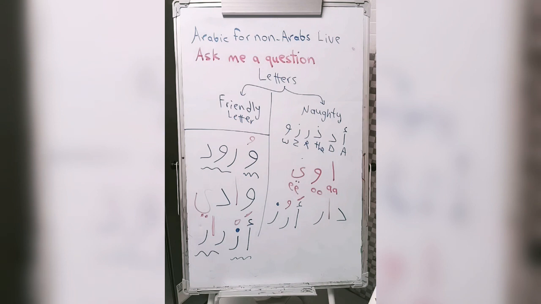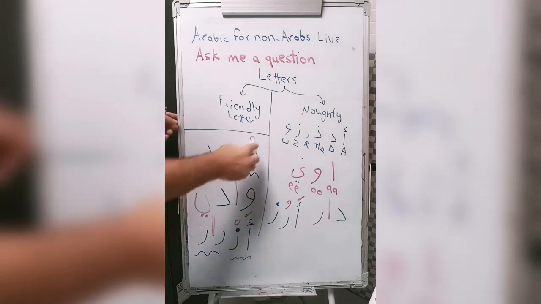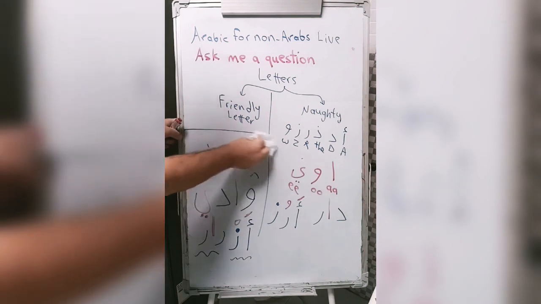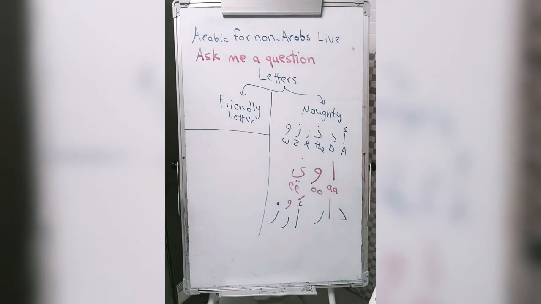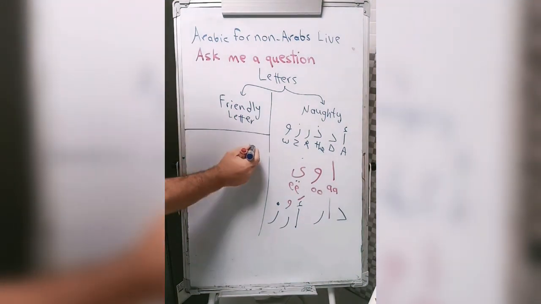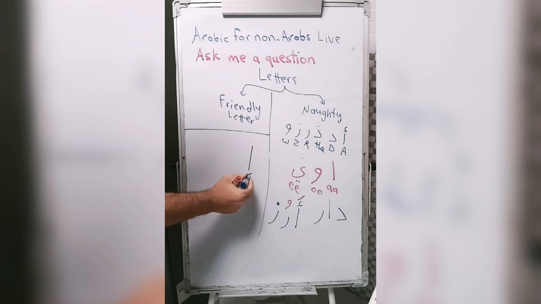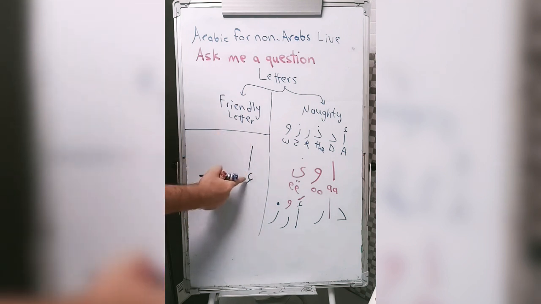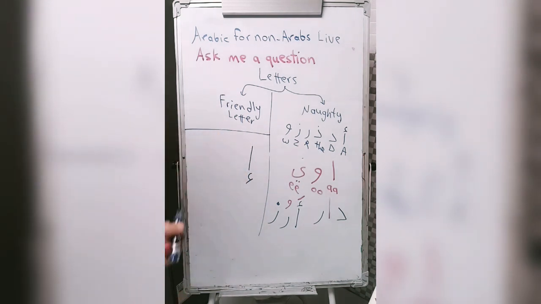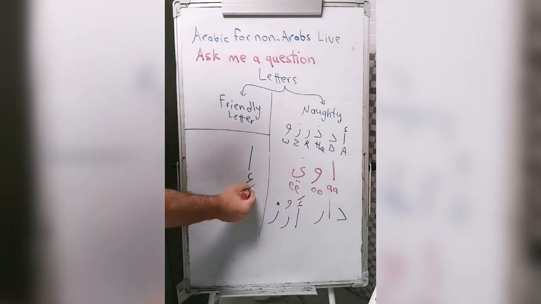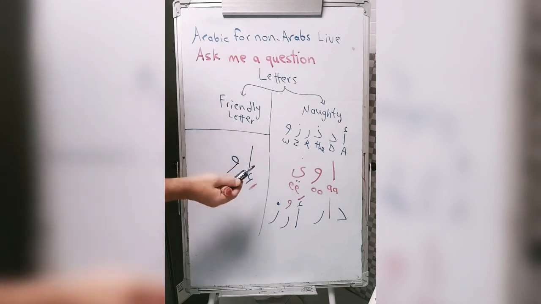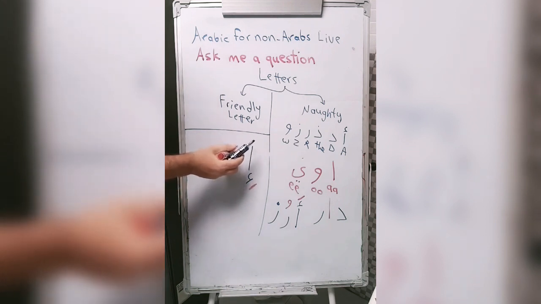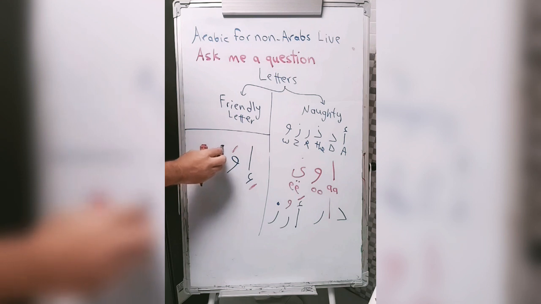I just need to tell you one note before I go to the next step. All the times, if I have this letter and instead of on top I put it down, it's going to be E. So E, and then wa, and then z.